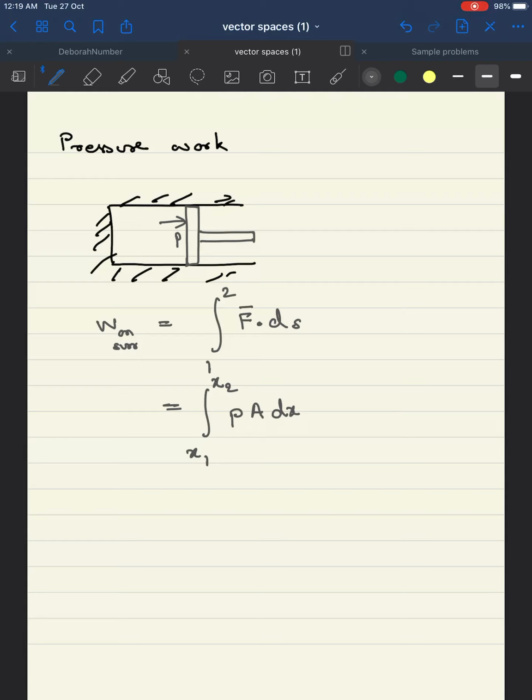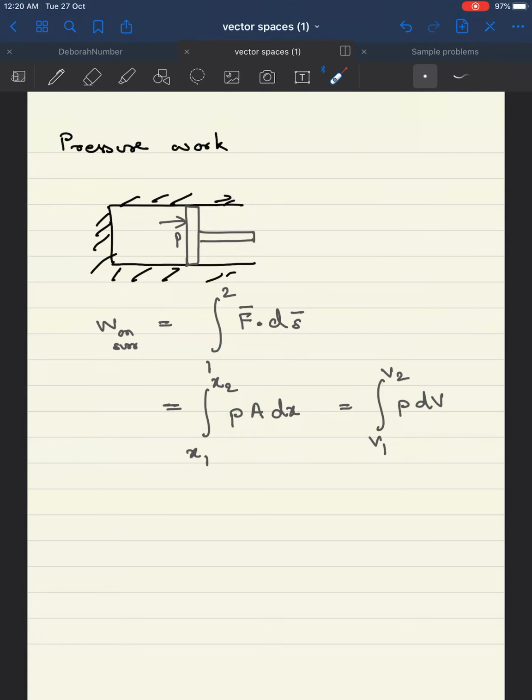These are obviously vectors, and in this particular case it's just going to move out in the x direction, right? Or you can write this as the integral of pressure p dV going from V1 to V2. So this gives you the work done in this particular process.